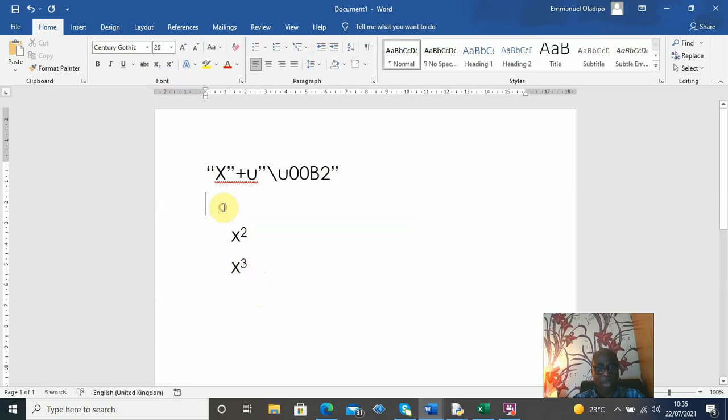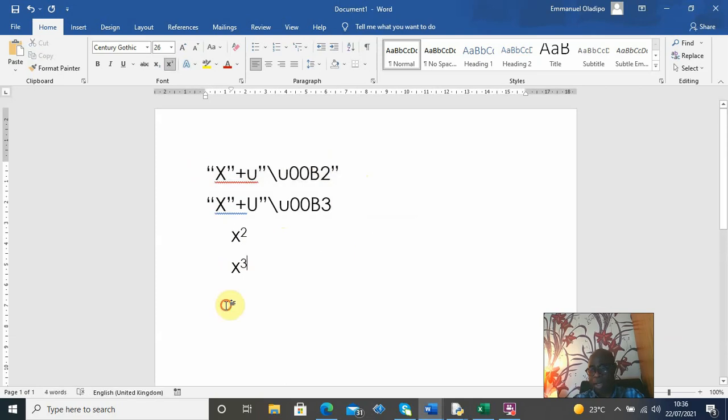It's just the same way we've done it before. I'm simply going to type u speech mark backslash u 00B3. The only difference is the 3 there. So to concatenate x, we simply type speech marks x speech mark plus. Okay, so this will be x cubed, and that will be x squared. I hope this is clear.